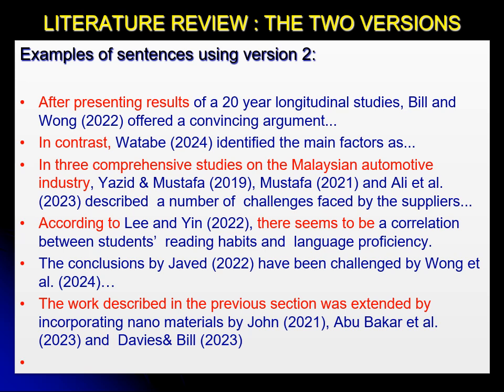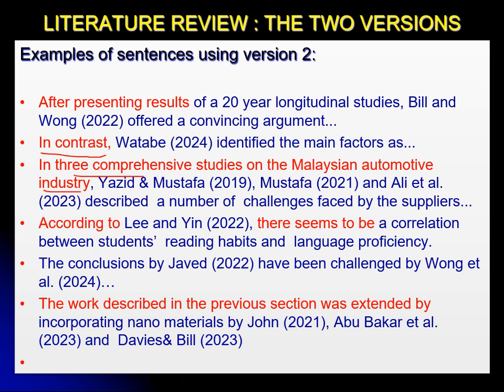But when you write in the literature review, you must include the connecting words. So in this case, for example, after presenting results of, in contrast, in three comprehensive studies on the Malaysian automotive industry.